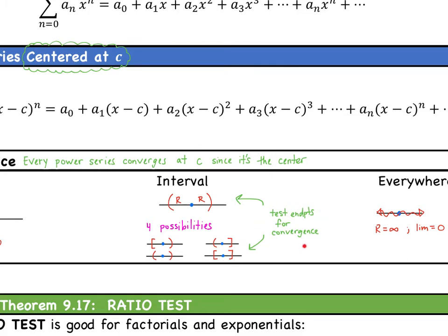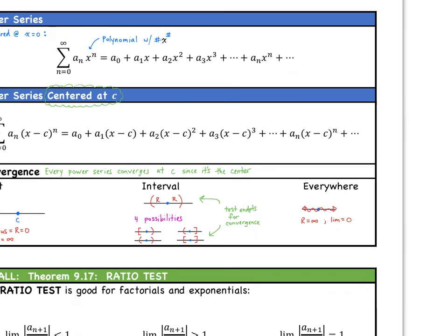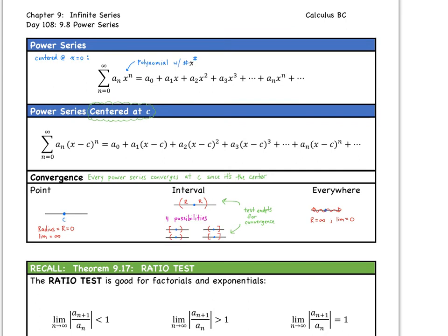So we would test the endpoints for convergence once we found our interval. Then the last scenario is where the series is convergent everywhere, meaning our center, we have our radius, which is infinity. So that would mean the limit of this series would go to 0. Okay, so notice kind of the difference between convergent at a point versus convergent everywhere.